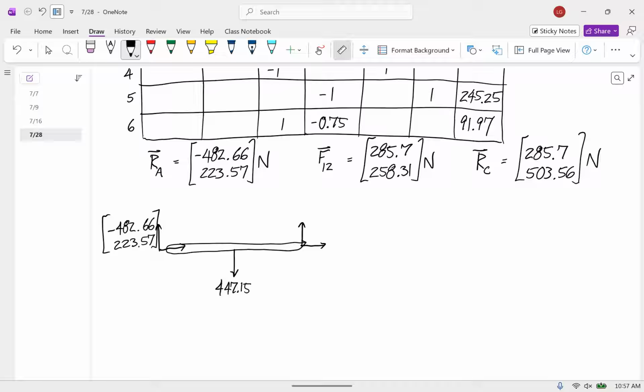And so we get 482.66, 223.58. And so notice both of those components look different than that F12.